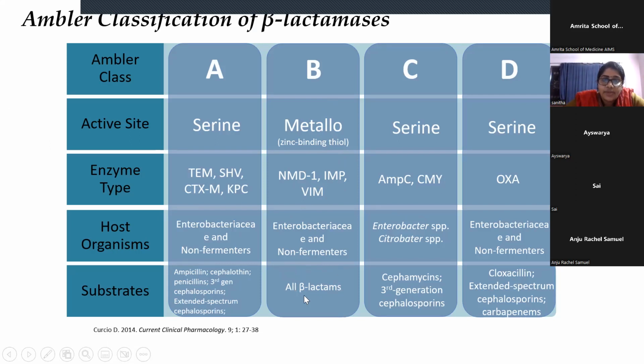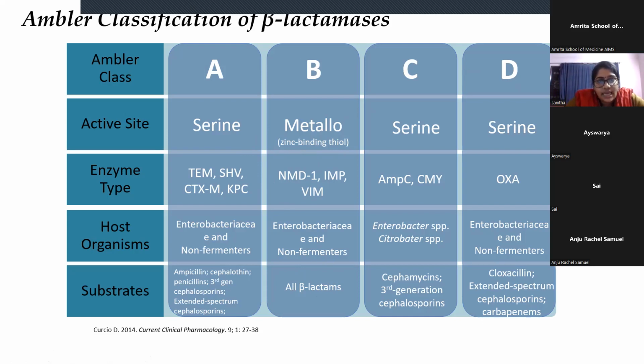This is a classification for beta lactamase enzymes, the Ambler classification. There are A, B, C, D. New Delhi variant is type B, and most of the beta lactamase inhibitors won't work for type B and type D beta lactamase enzymes.